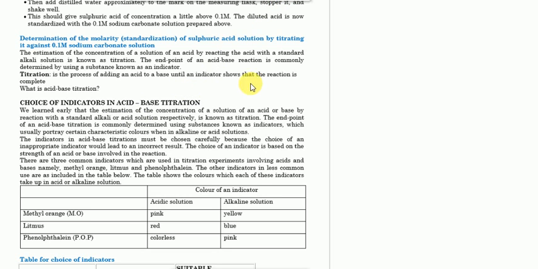For example, when we are titrating sodium hydroxide, it is titration of sodium hydroxide plus, let's say, HCl, sulfuric acid, dilute sulfuric acid. So what indicator will you use?